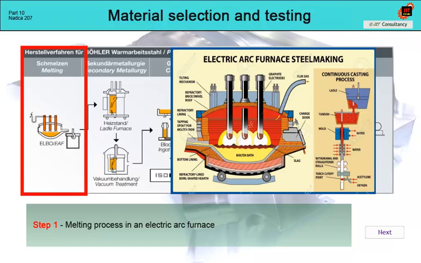Here it is mixed with steel scrap and other slag-forming additives, and at a temperature of 1,350 to 1,400 Celsius, the carbon, phosphorus, or sulfur content is reduced to the required level by the deoxidation process. Basic alloying of the steel is also carried out in this production step.